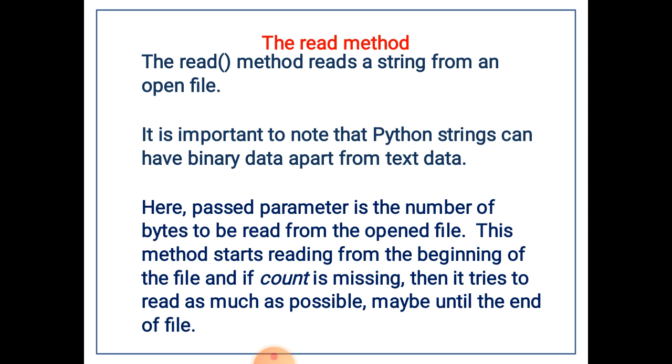But in the read method, the passed parameter is the number of bytes to be read from the open file. This method starts reading from the beginning of the file, and if the count is missing, it tries to read as much as possible until the end of the file.